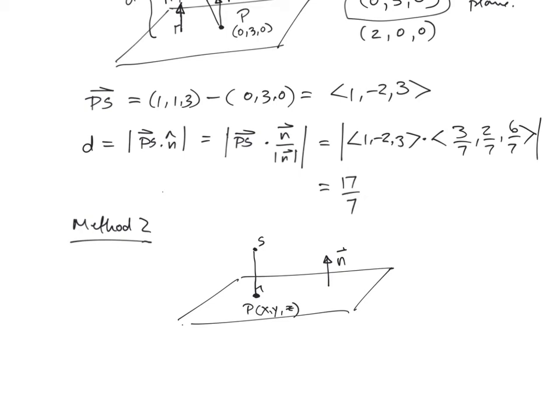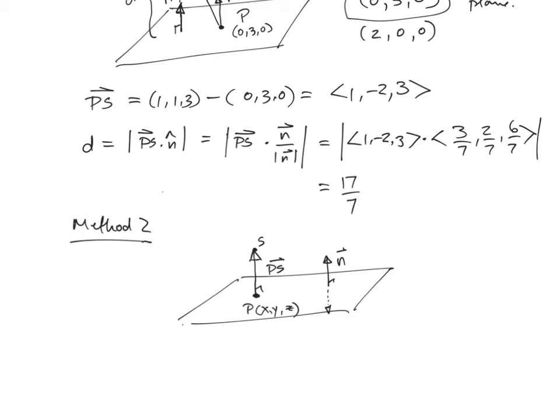But if we take this point P and we form the vector PS again, we've got this vector PS. Well, what's the relationship between PS and our normal vector n? Both of them are normal to the plane, which means that they're parallel to each other. Now, n might look like this. It might be pointing down and be normal.